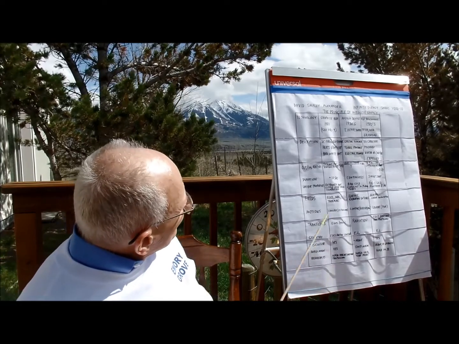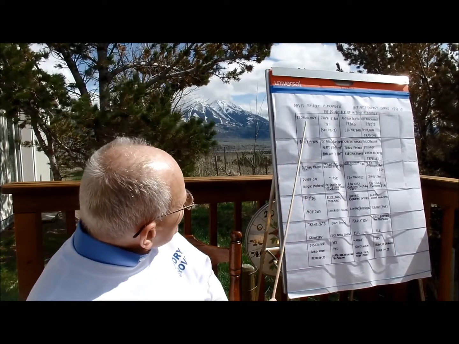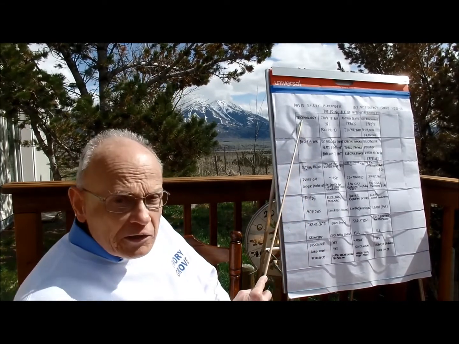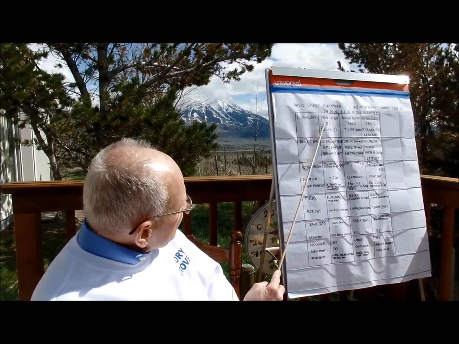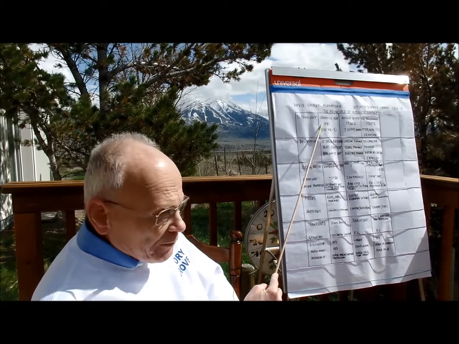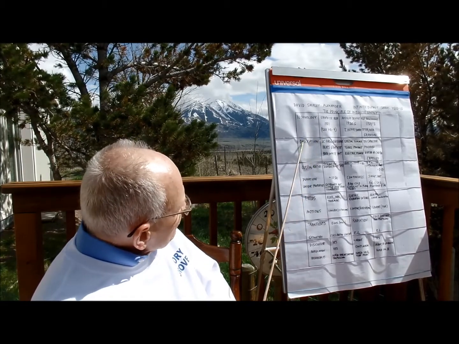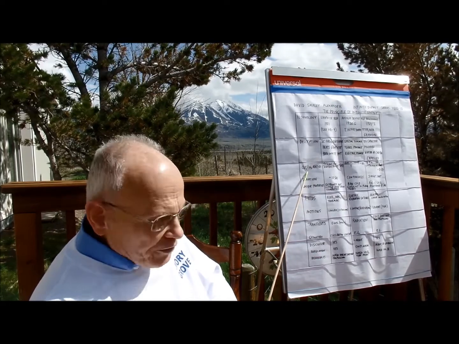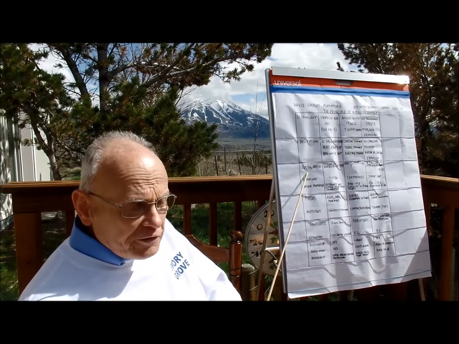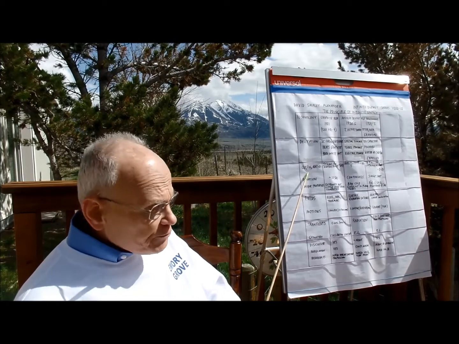So the parameters being looked at are the name of a technology and the years that it was developed or made public, a brief description of it, what is called the over-unity ratio of either power or energy as appropriate.